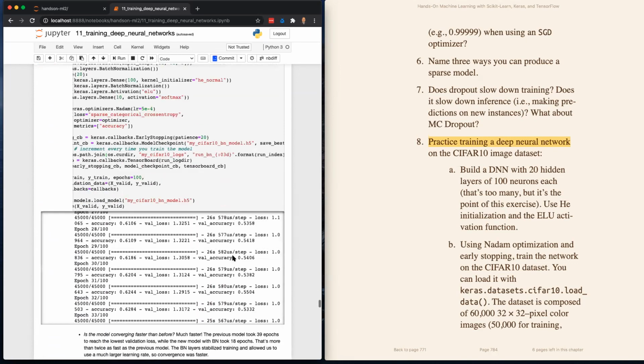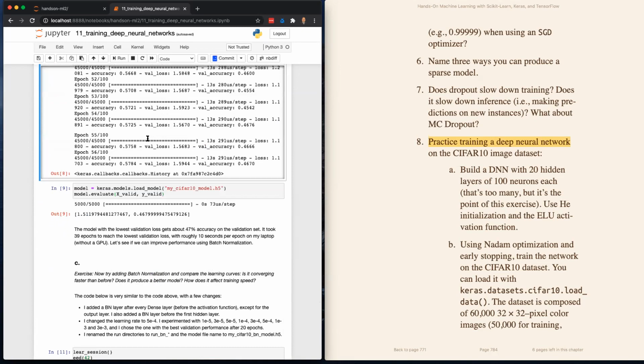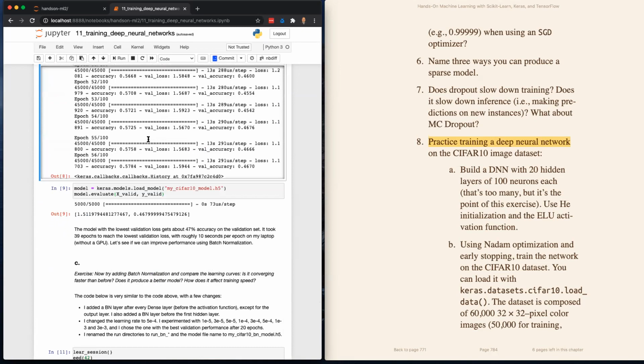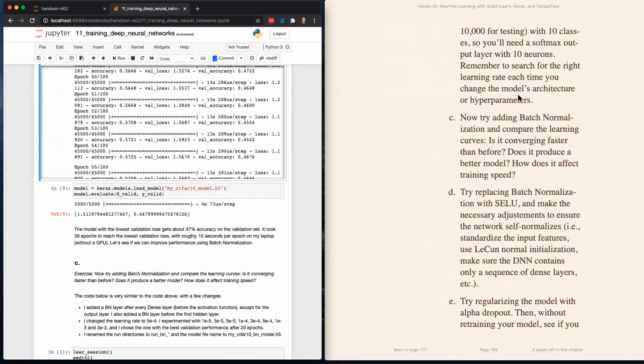Because the 5.7 is the step B. Are you getting it on step B? Maybe it starts increasing when we start adding the batch normalization. It improves quite a lot with batch normalization.